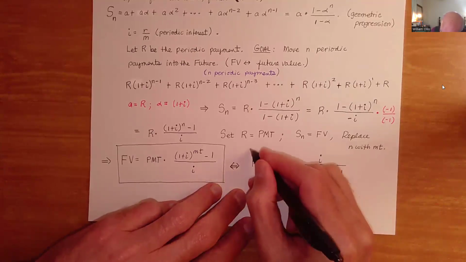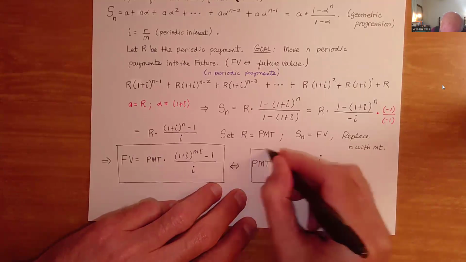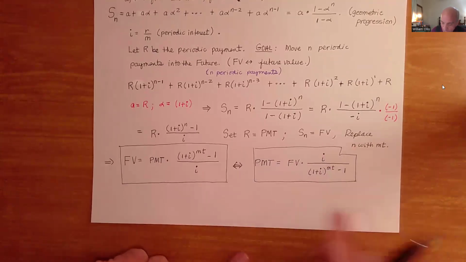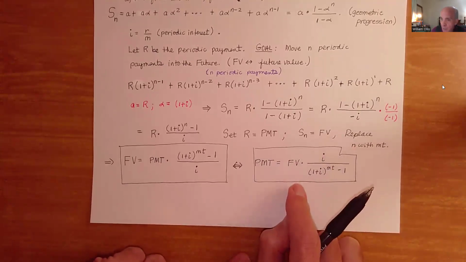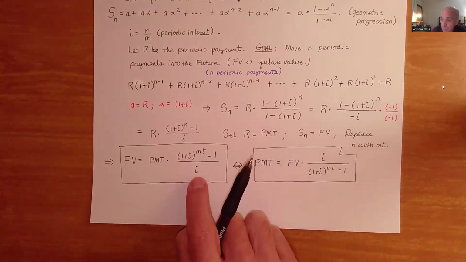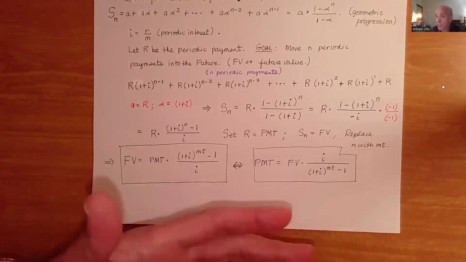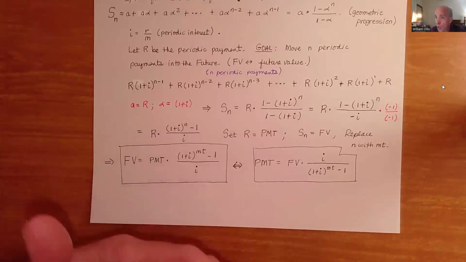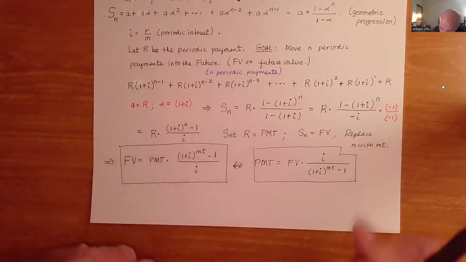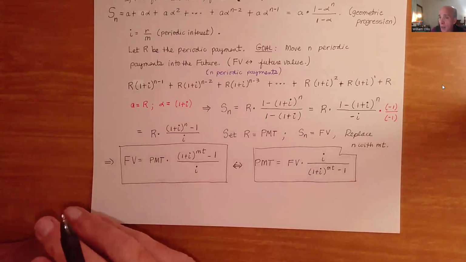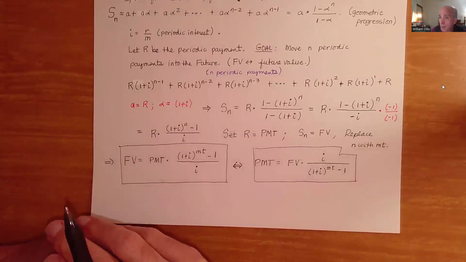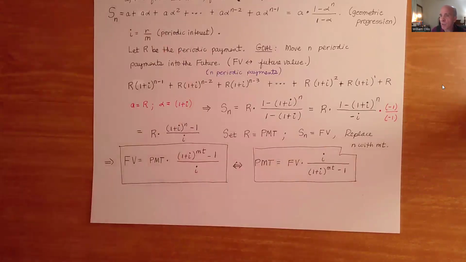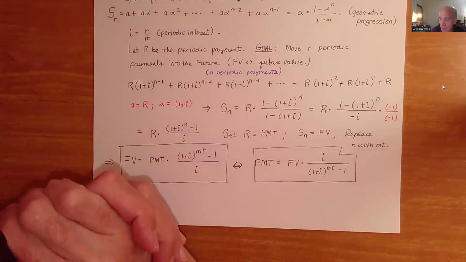So it's a twofer. We get 2 for the price of 1. So you don't have to necessarily write this as a separate formula since it's implied by this one. But it's also good to write it just to make sure when you're doing your homework and your computations that you go ahead and solve for the particular unknown that is requested by the problem, and that way you set up what you need to do initially.